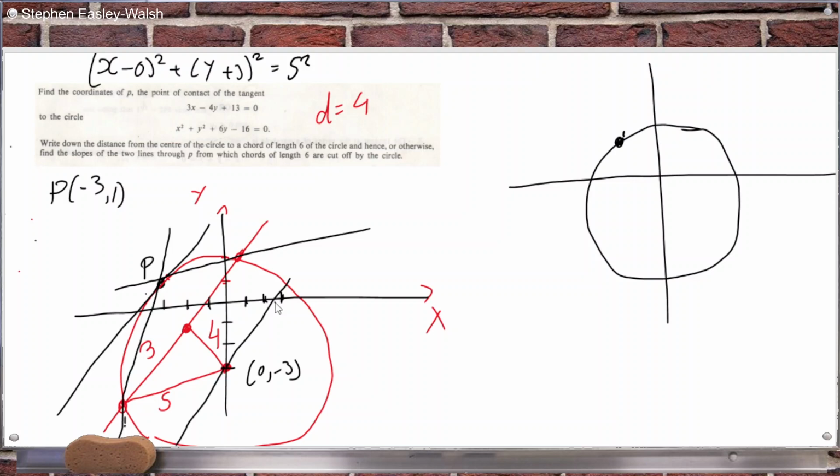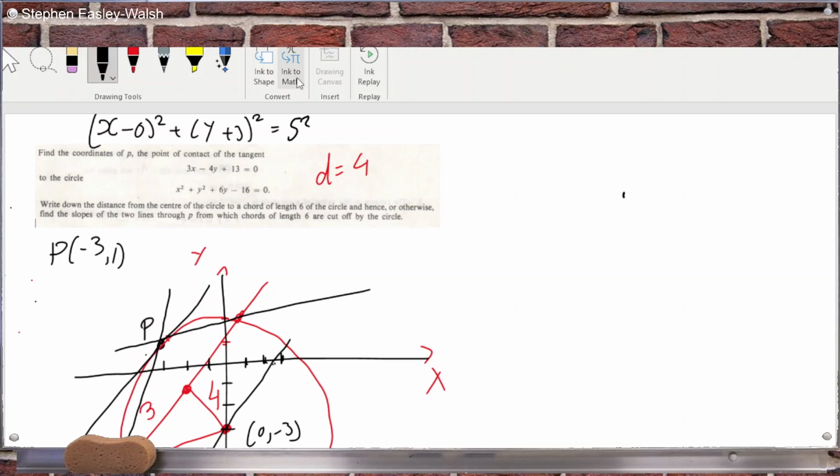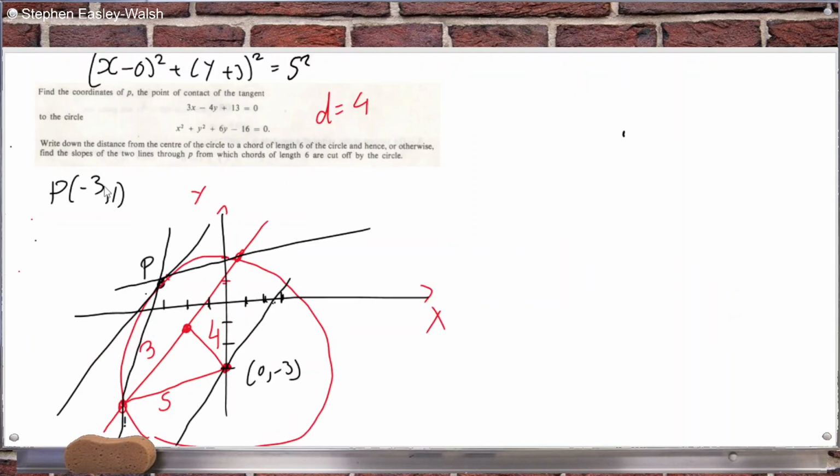Maybe? I'm not sure. But it's a perpendicular distance question, is it? This last one has me thinking quite a bit. It's a tricky one. Write down the distance from the center of the circle to a chord of length 6, so that's 4. And hence or otherwise find the slopes of the two lines through P from which the chords of length 6 are cut off by the circle.